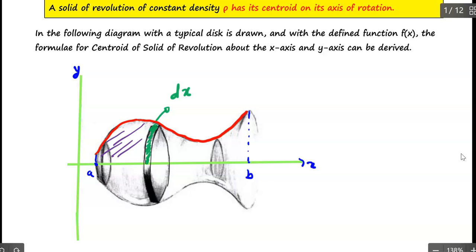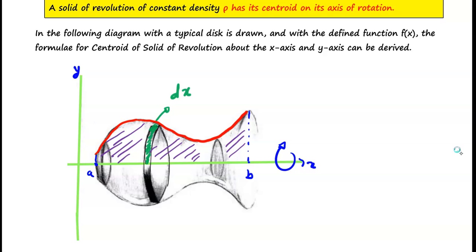I'm going to revolve this area about the x-axis. In this case, the axis of rotation is the x-axis, so you can figure out the other ordinate right away: y should be equal to 0.